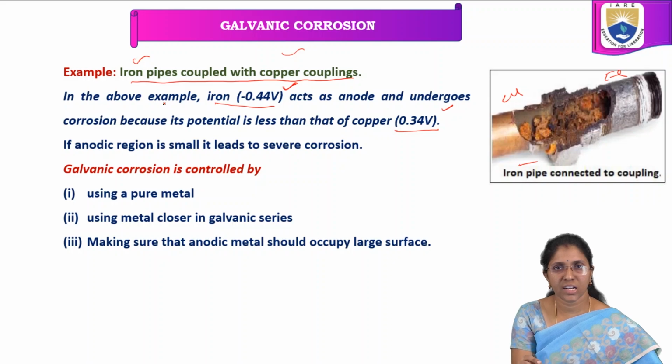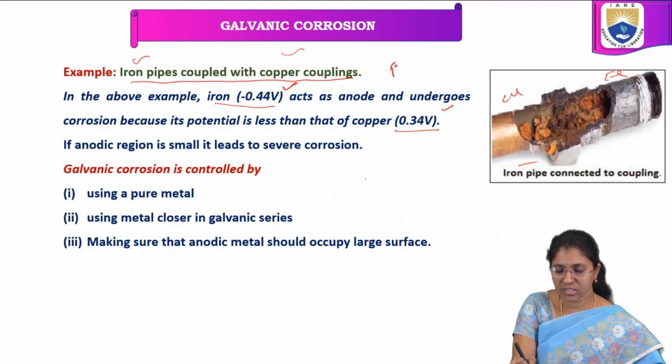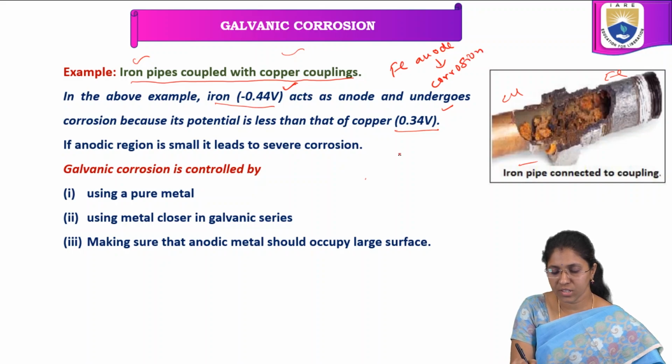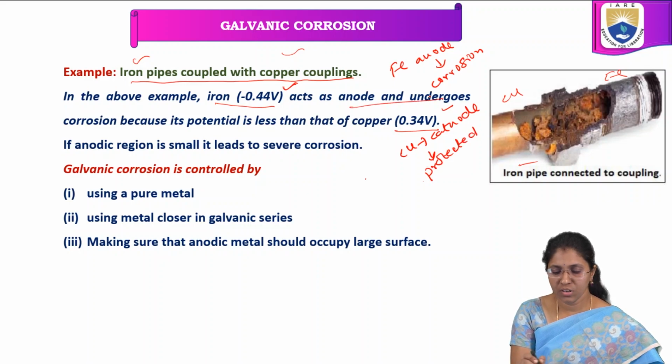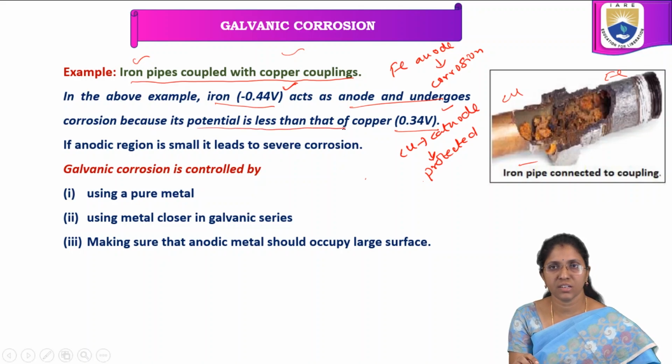That's why iron acts as the anode and undergoes corrosion, whereas copper acts as the cathode; it does not undergo corrosion and is protected by iron.